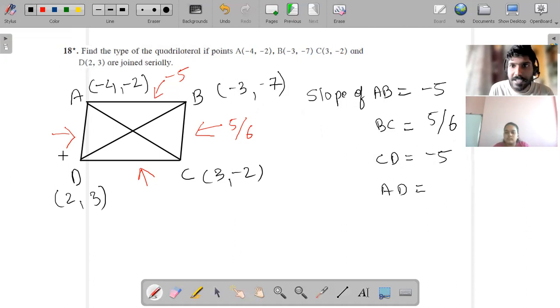Now last is AD. Find out for AD also. 5 upon 6.